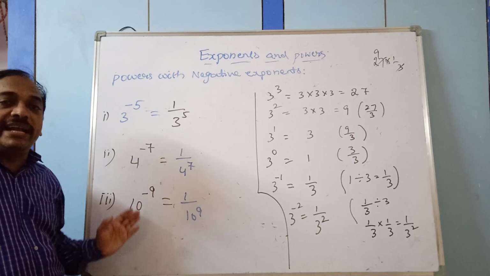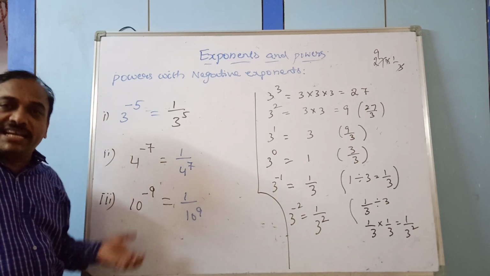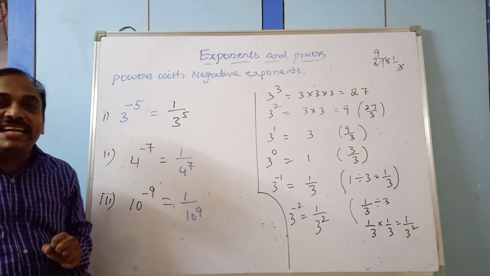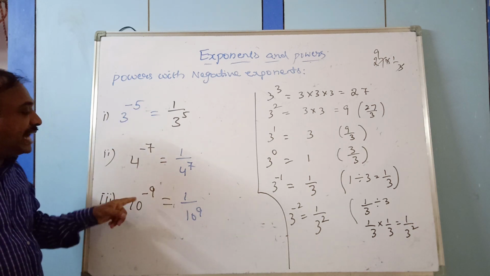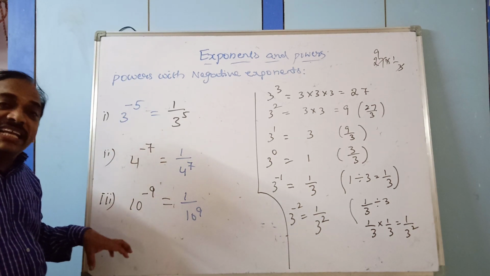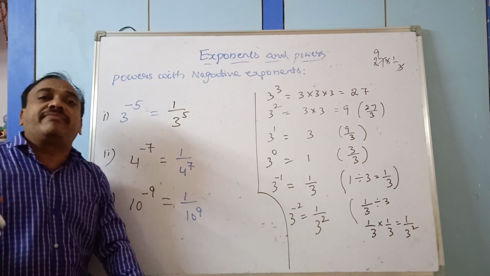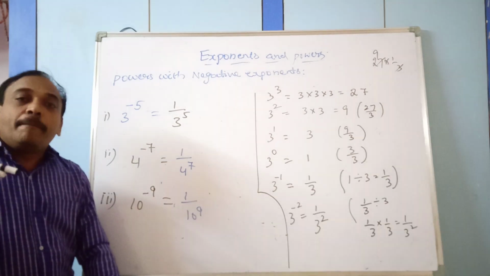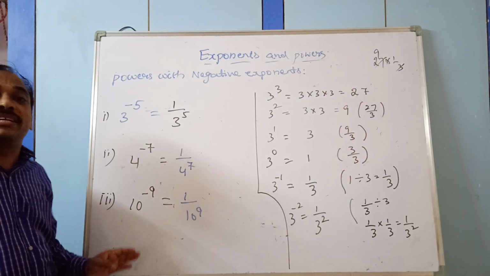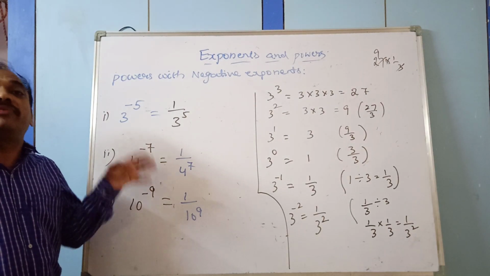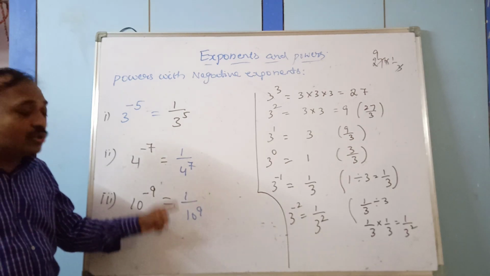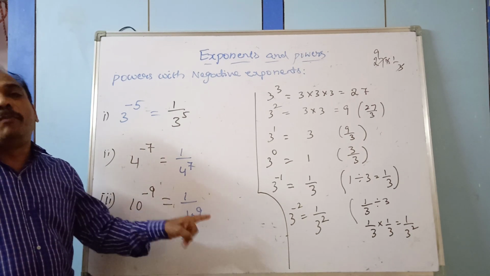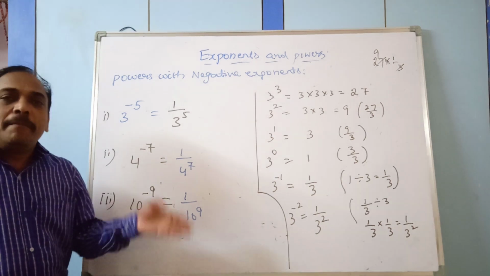Positive numbers and negative numbers, whole numbers with negative numbers, those are called integers. Now for these integers, in class 7 we learned the laws of exponents only for positive powers. Now we are going to discuss them even when the powers are negative, and we understood how to convert them into positive.